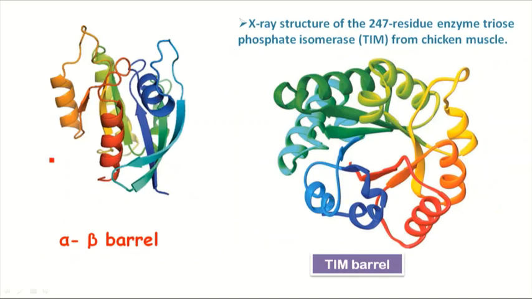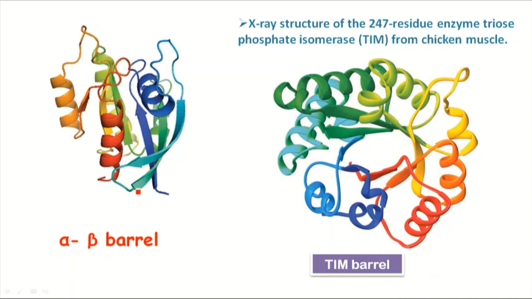This is the alpha beta barrel. Here both alpha helices and beta sheets are present. The first known alpha beta barrel is the TIM barrel, triose phosphate isomerase. Almost 10% of known enzymes contain this alpha beta barrel. This is the most common structure found in enzymes.